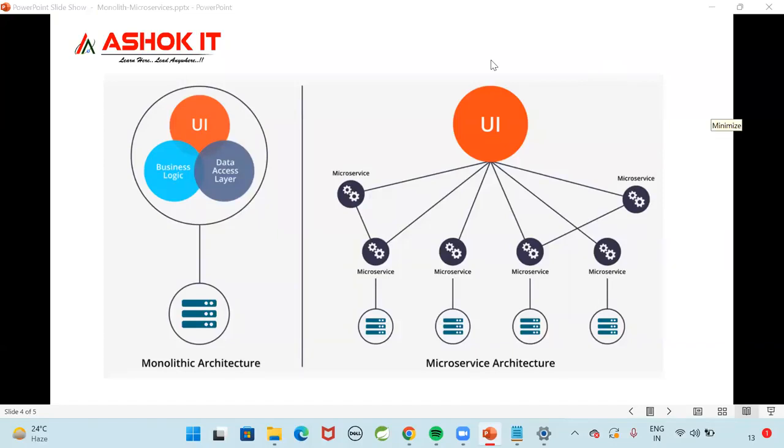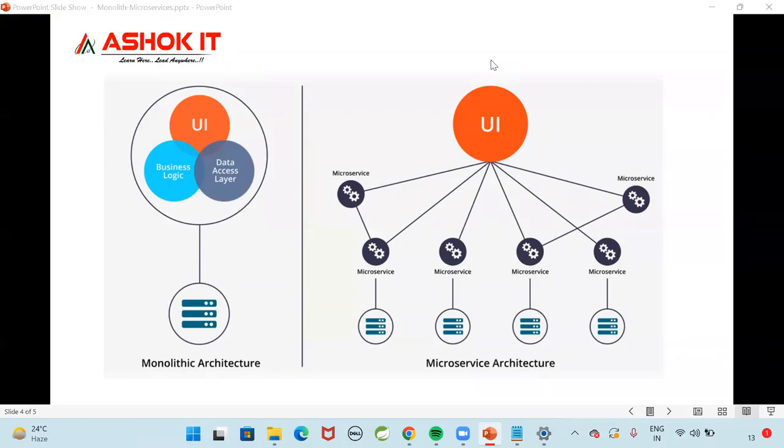In all the services. Can I say a duplicate configuration will be available? Yes, duplicate configuration will be available when we go for microservices. That is one of the challenging tasks, guys.